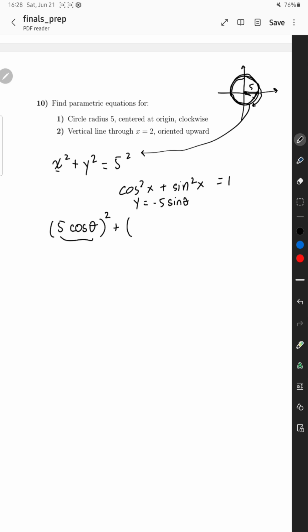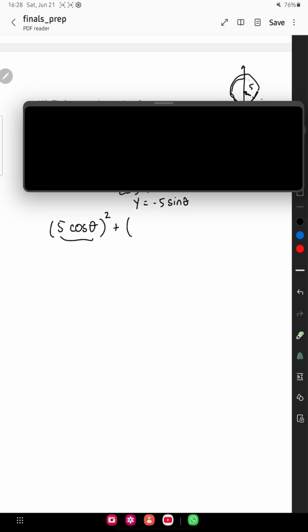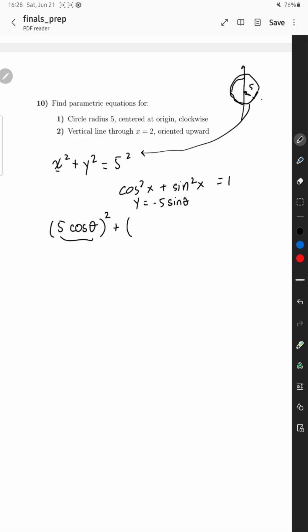Why would I do that? It is because y starts from a negative value this time over and not from a positive value. So as y is starting from a negative value, my assumption is that I can use the negative of sine. If I were to evaluate this, 5 squared from both sides would be common, and then there would be cos squared theta plus sine squared theta, which is 1, and you'll get 5 squared.